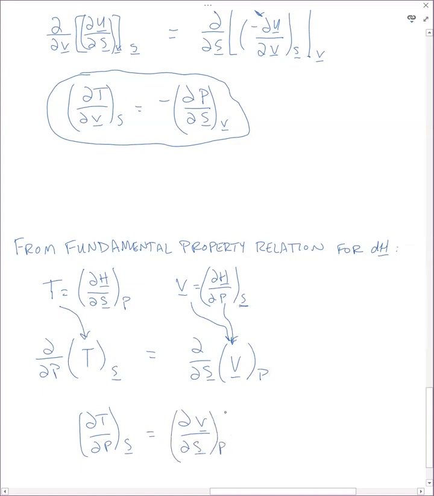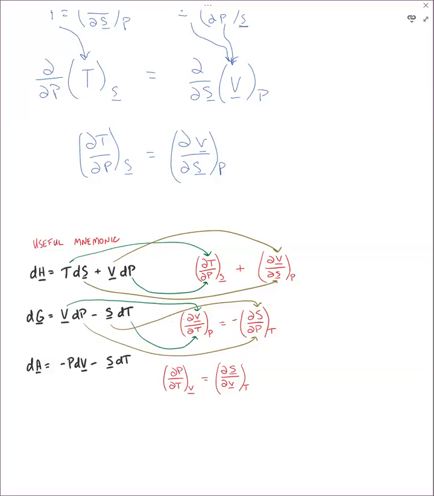All right, so I'm going to teach you a useful mnemonic now so you don't have to go through doing this derivation every time. So in my mind, I like to just imagine the variables kind of switching places. So the green goes with the green, the gold goes with the gold. To derive the Maxwell relationship from the fundamental property relationship, I take the variable that doesn't have a d in front.